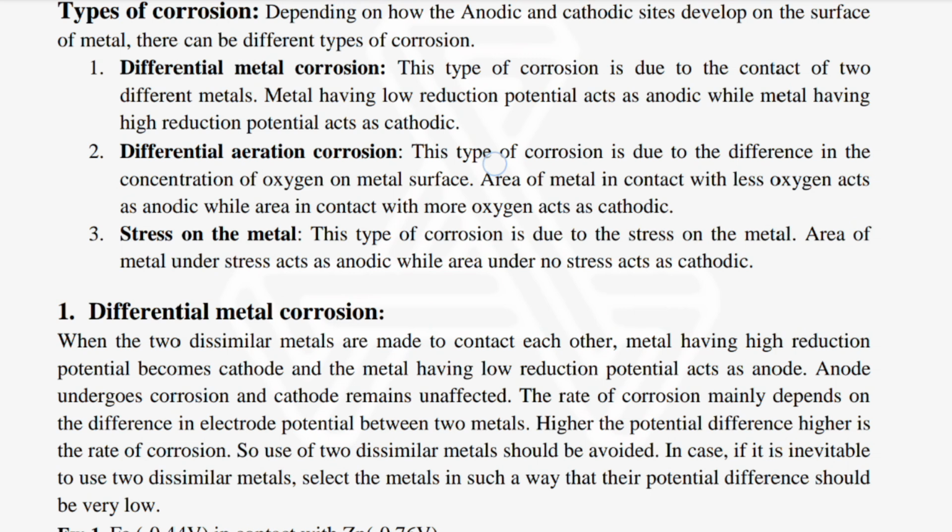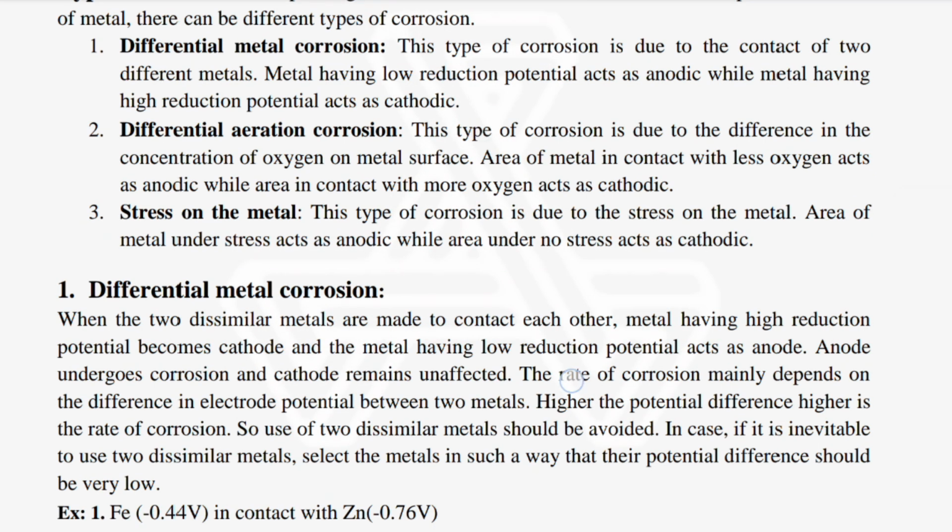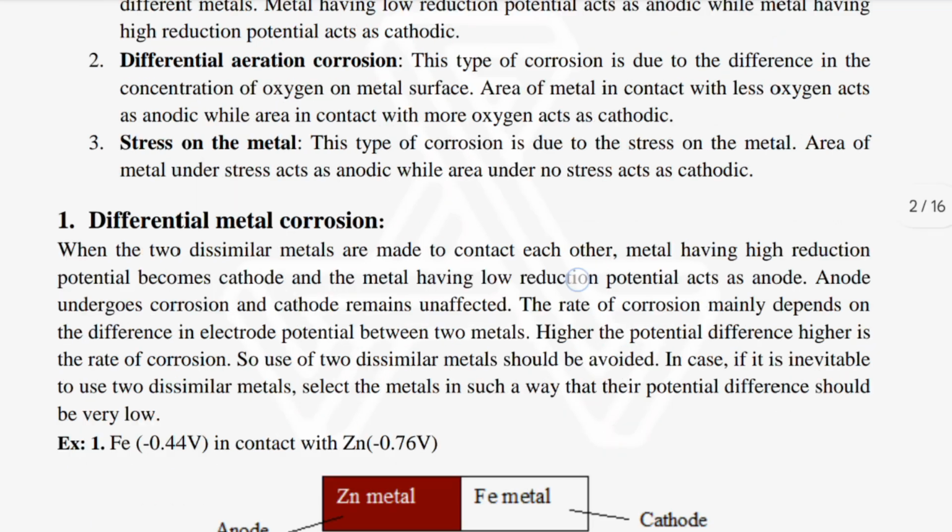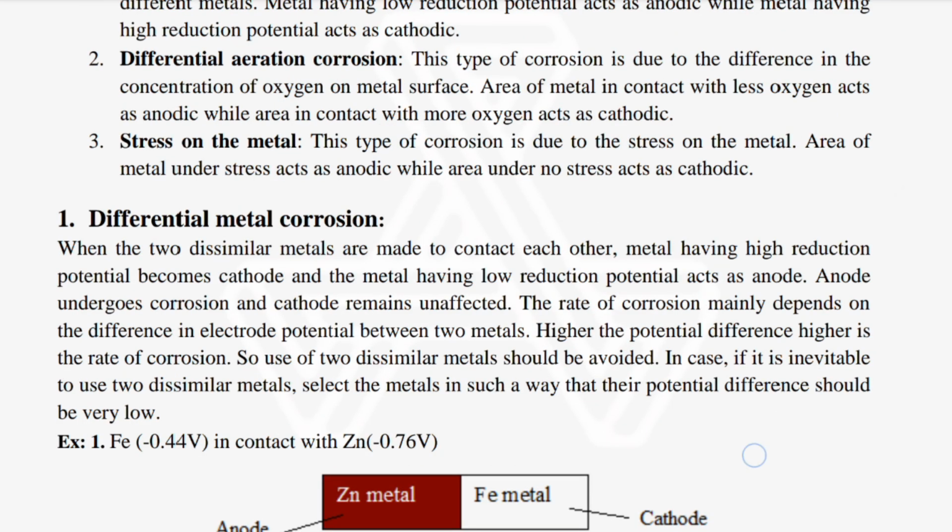Differential aeration corrosion: this is due to difference in concentration of oxygen on the metal surface. The area of metal in contact with less oxygen acts as anode, while the area in contact with more oxygen acts as cathode. Stress corrosion: this is due to stress on the metal. The area of metal under stress acts as anode, while the area under no stress acts as cathode.